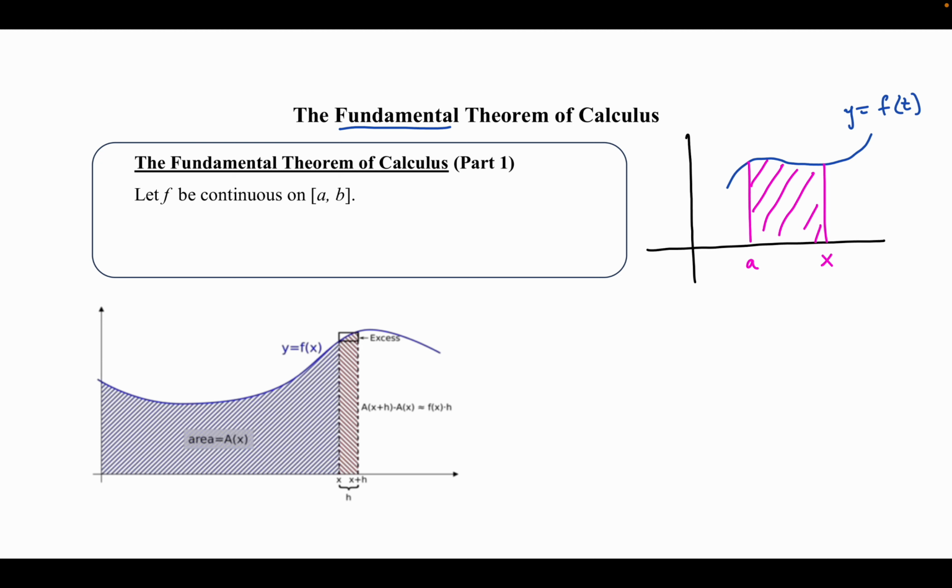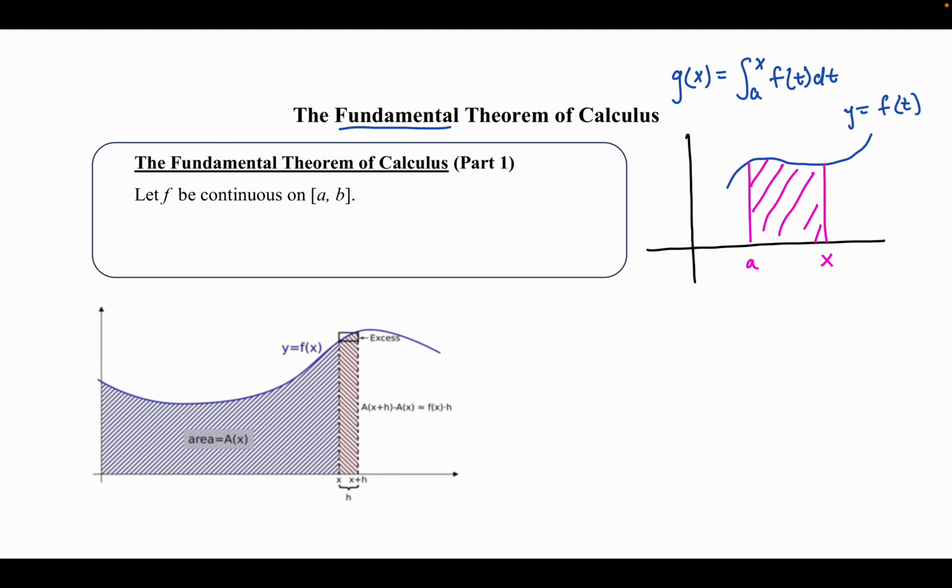So we're going to say that g of x is the integral, it's a function, the integral from a to x of f of t dt. That means g of x is a function where you plug in an x value and that becomes your upper bound. That determines how much of the area underneath this curve you want to take.